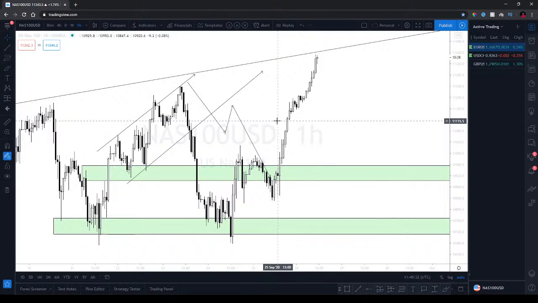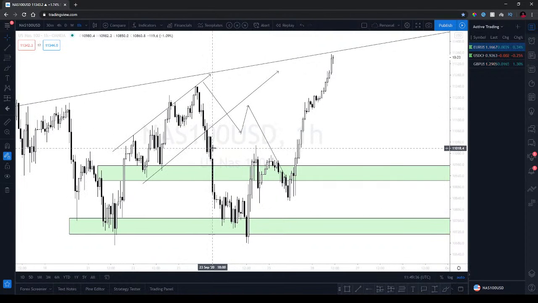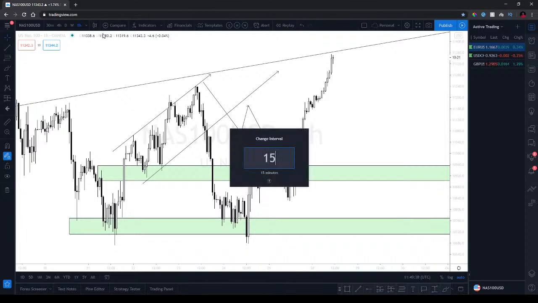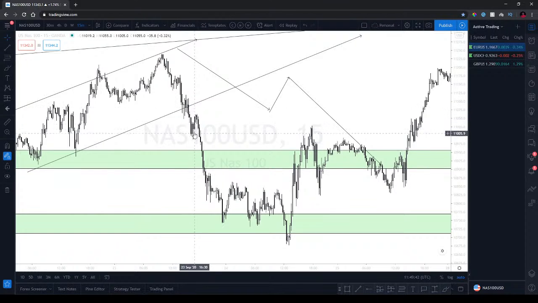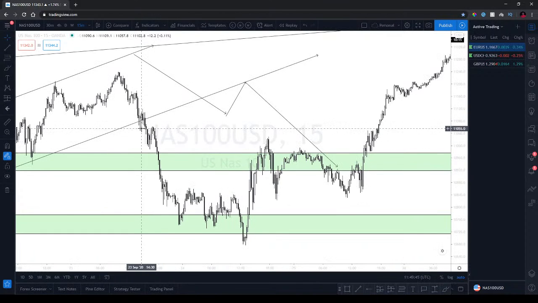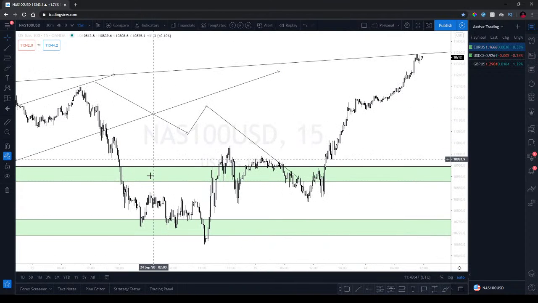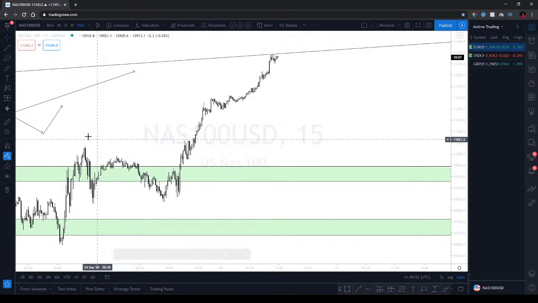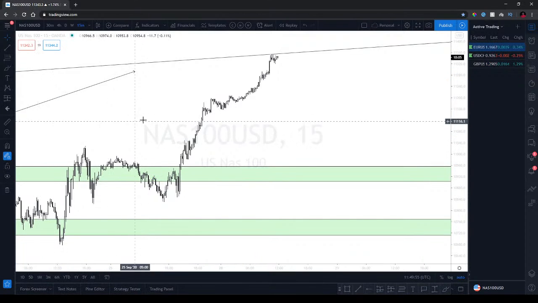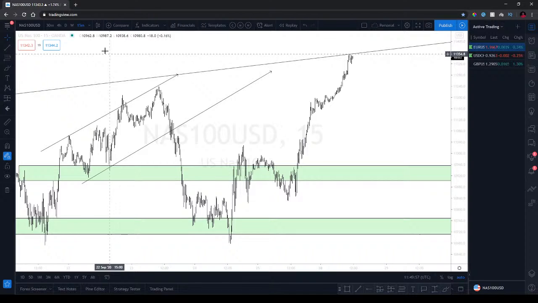Okay, since the last time we looked at NAS, we did get the sell. Looks like our setup would have been on a lower time frame, off the 15-minute time frame. Right here. Yeah, that was perfect for that sell. We got a reversal pattern here, and we got a bullish pattern there, giving us that push up. Now price is retesting that area, but it's actually retesting it pretty aggressively.